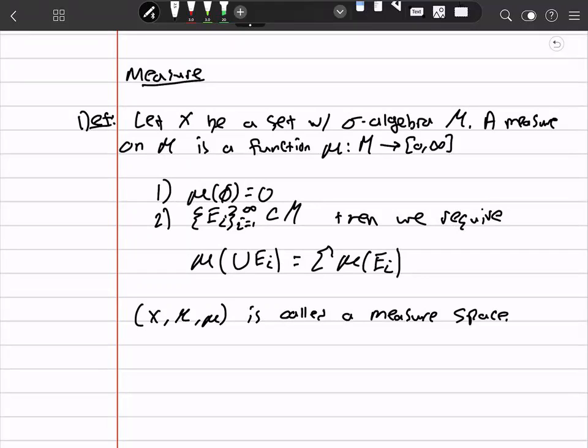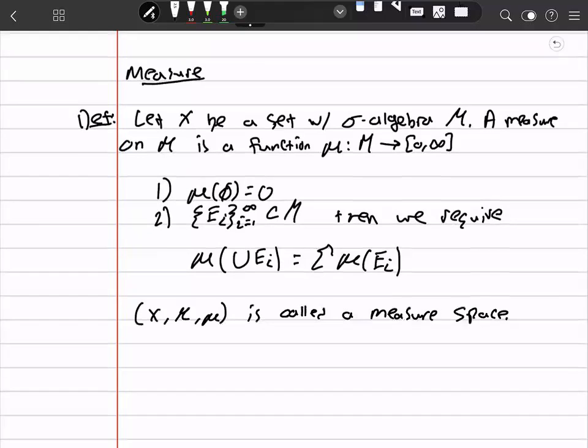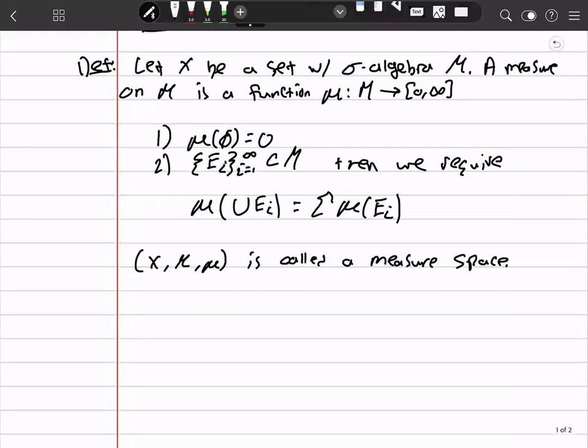And there are some other things to point out. If mu of X is less than infinity, so if the measure of our whole space is finite, then we say mu is finite.